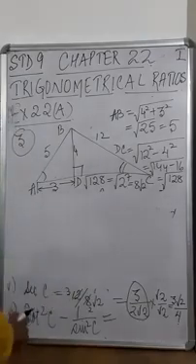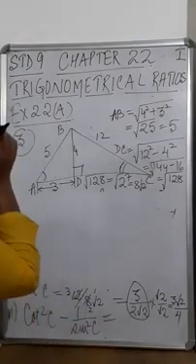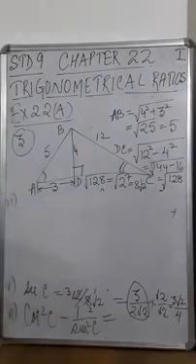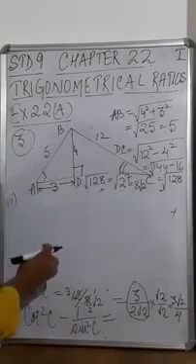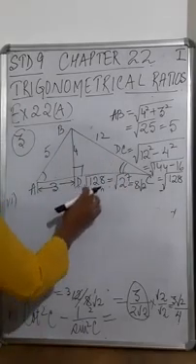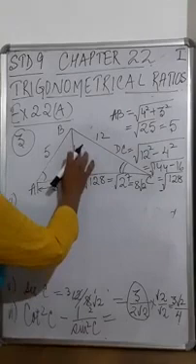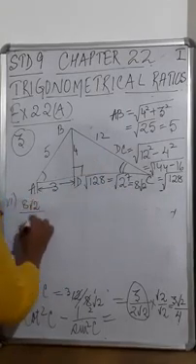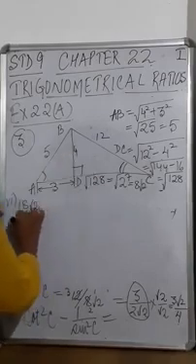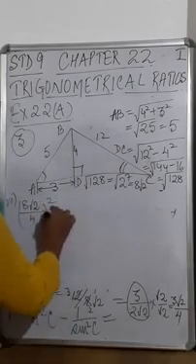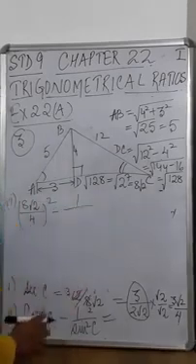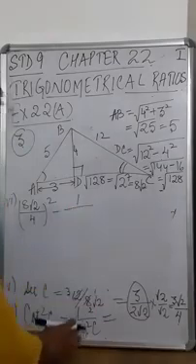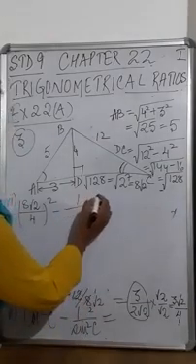Alright, cot square C minus 1 by sine square C. Sixth one, cot square C. Cot will be equal to base by perpendicular. So 8 root 2 by 4 whole square minus 1 by sine square C. I'll write sine C here.